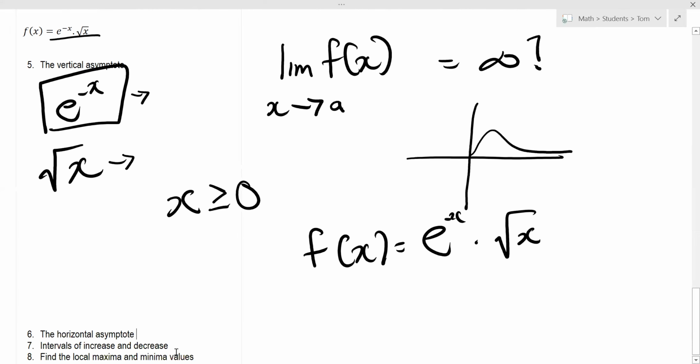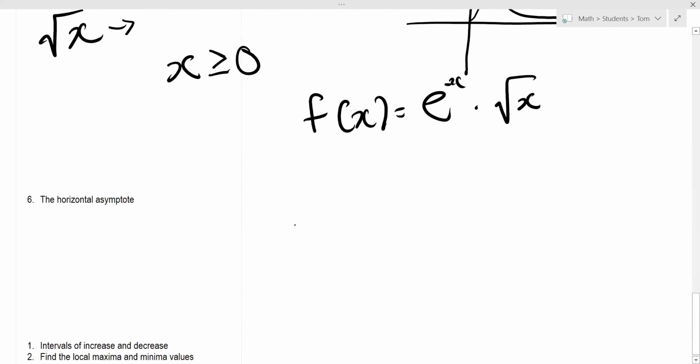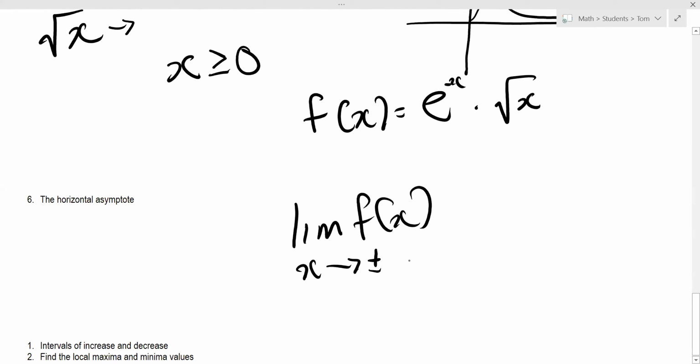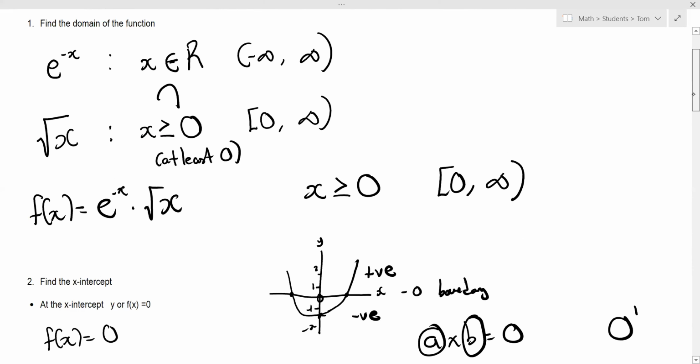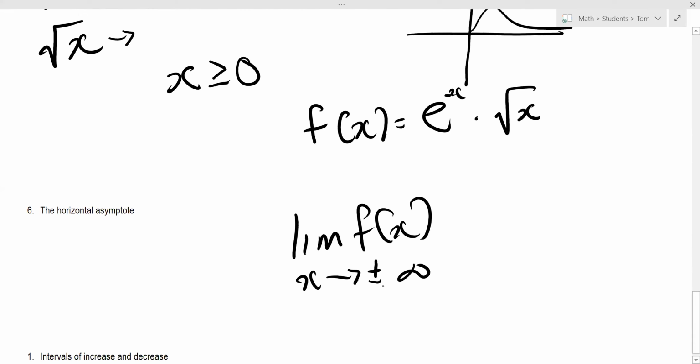How about horizontal asymptotes? In the horizontal asymptote setting, we look at the limit of f of x as x approaches positive or negative infinity. Since we remember the domain of this function is x greater than or equal to 0, we can ignore the negative infinity part because x is not going close to negative infinity.